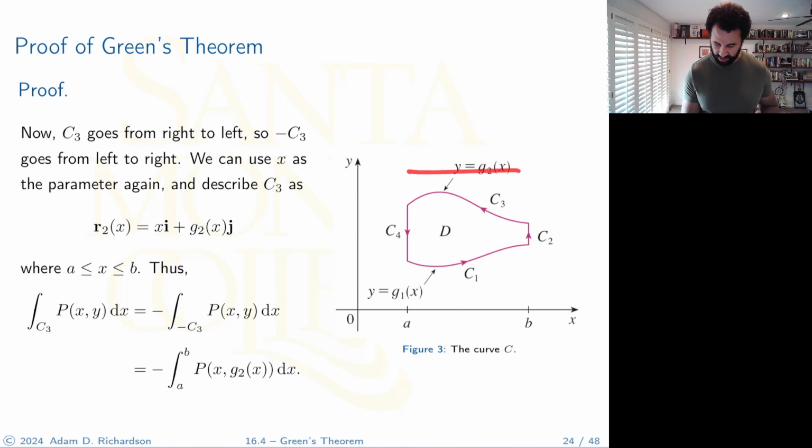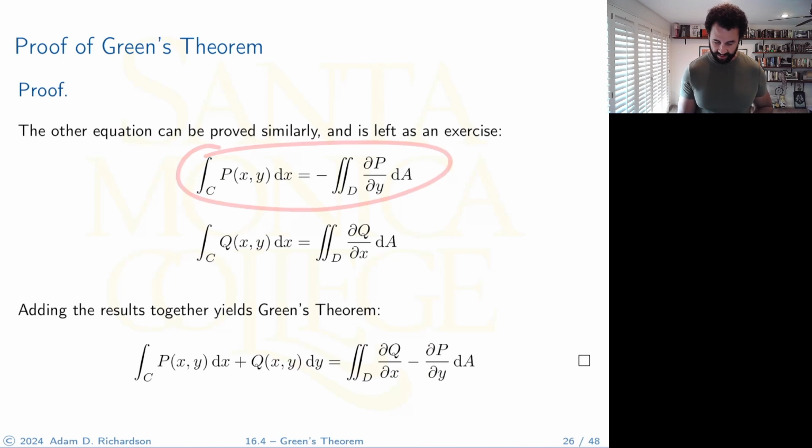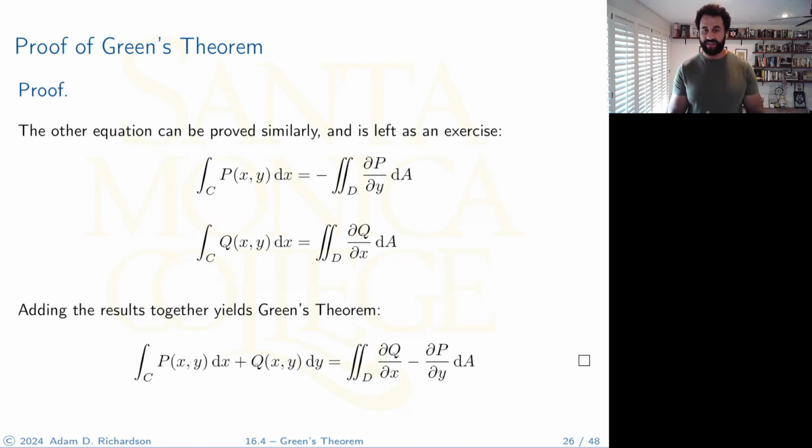But again, on these straight lines, dy would be 0. So the whole argument just falls right out again. So you end up getting this, and then when you add the two together by linearity, you get that this line integral is equal to this double integral. That's Green's theorem. Cool stuff.